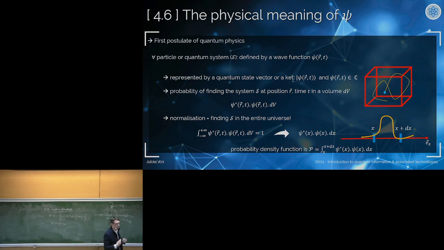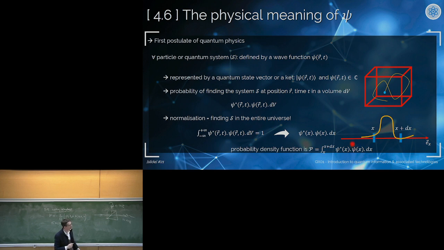In other words, if I look into the entire universe to see whether my particle is there or not, then of course I will find that it is there. This is the assumption that it has to be somewhere. So physically, the normalization factor means that if I look in the entire universe, I will find it with certainty 1.